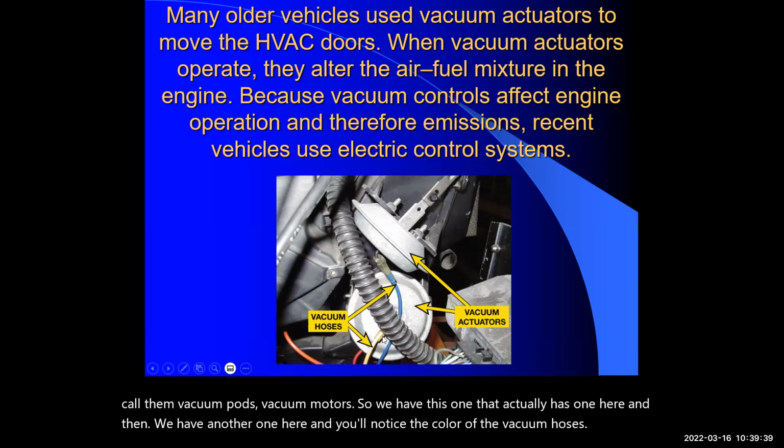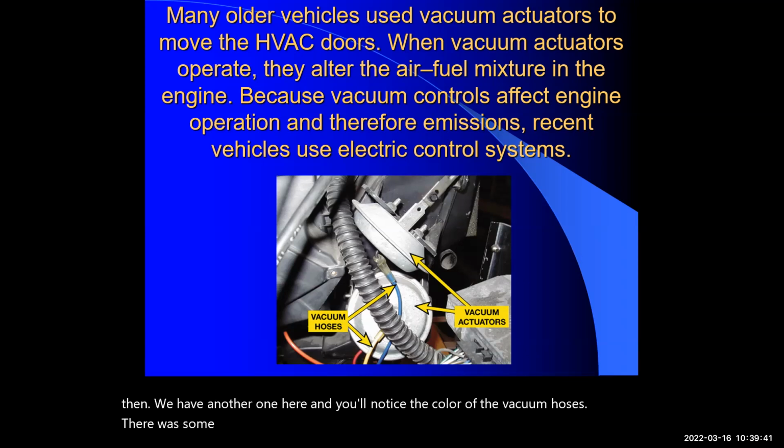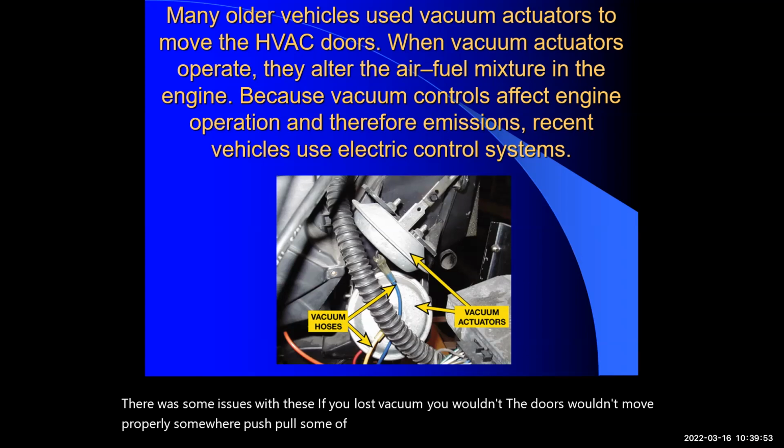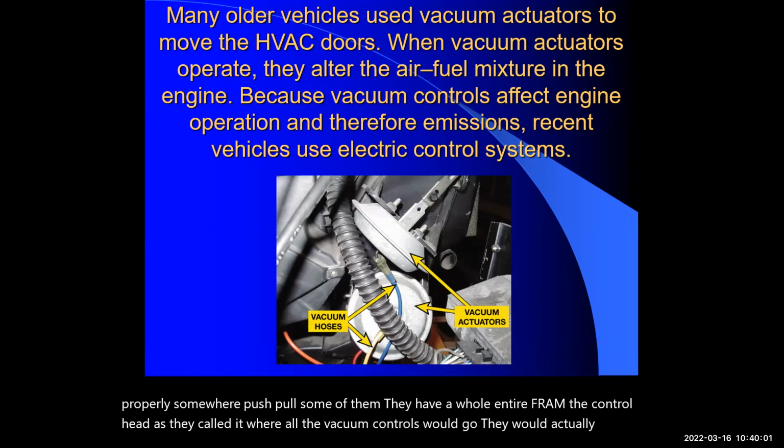And you'll notice the color of the vacuum hoses. There were some issues with these. If you lost vacuum, the doors wouldn't move properly. Some are push pull. Some of them would have a hole in the diaphragm. The control head, as they called it, where all the vacuum controls would go, would actually have a leak.